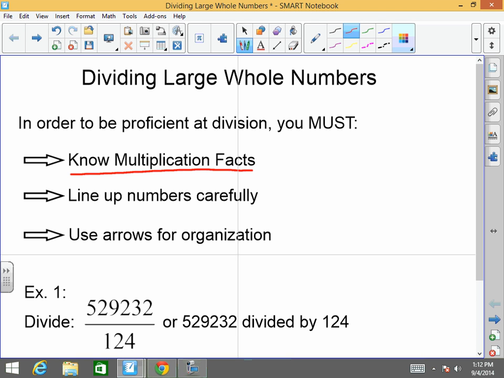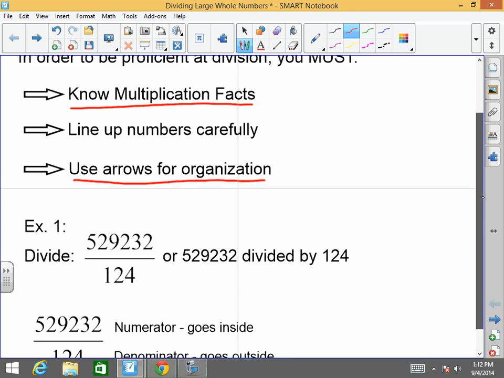Number two, you must line up numbers carefully. Just like we did before, use arrows to know where you're going exactly. And number three, use arrows for organization. Okay? Very simple. How does it work?